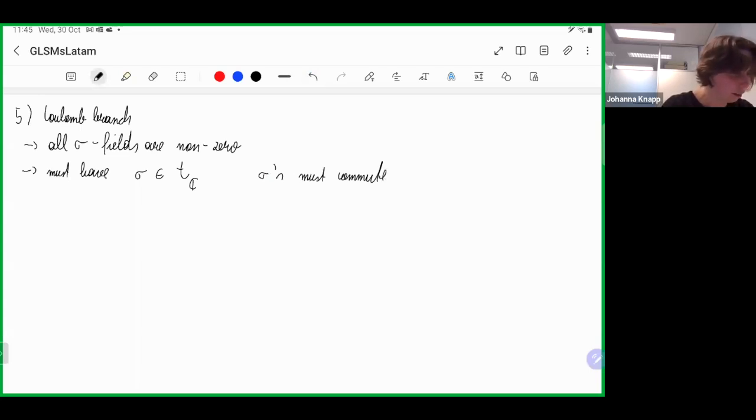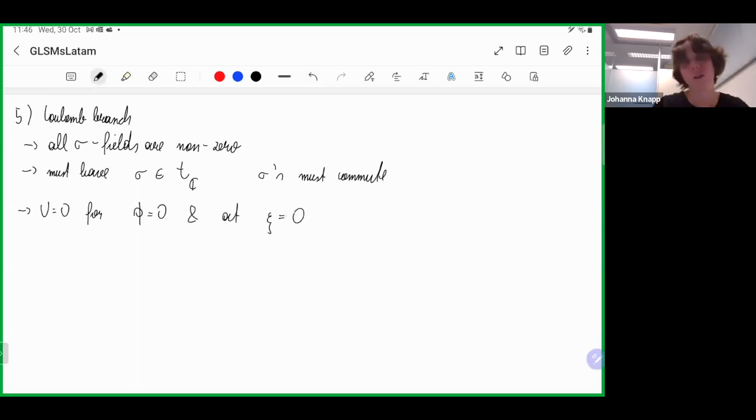And this happens for all the phi fields equal to 0 and at theta equals 0. I'm oversimplifying a little bit here. When we have more than one theta, one has to be a little bit careful about the solutions, but for the level of the discussion today, this will be good enough. This is called the Coulomb branch, and this is just a classical vacuum.